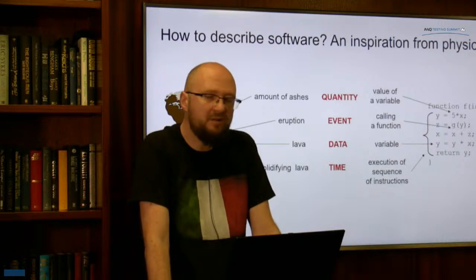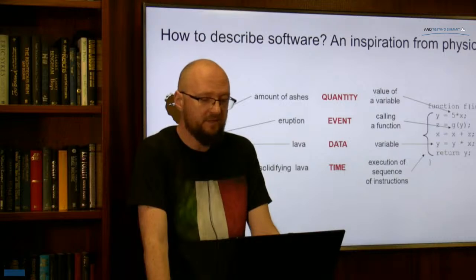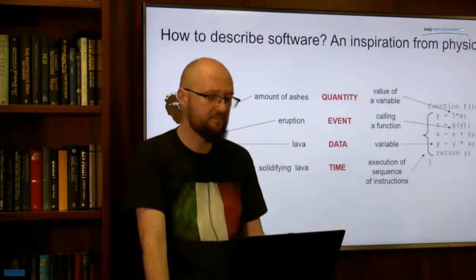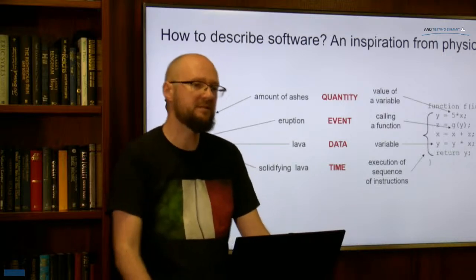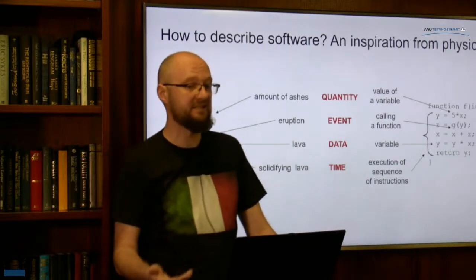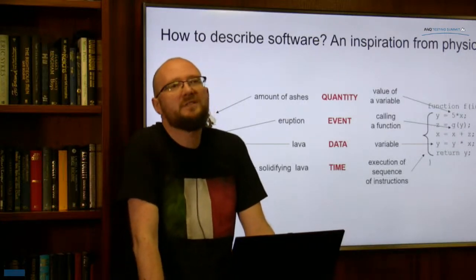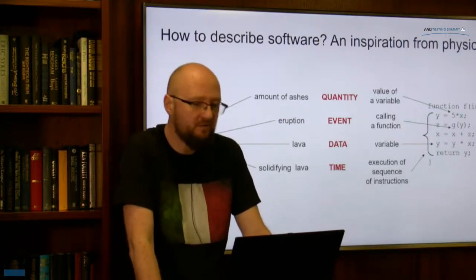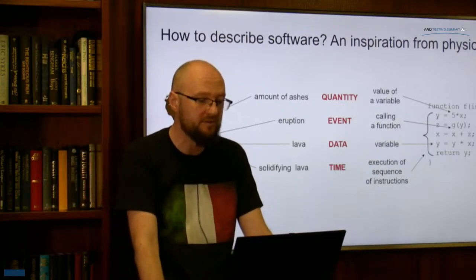Physics has only several concepts that describe the world around us. So, for example, when we want to describe this volcano, this process, we can describe it with several characteristics. And here we can define the following four characteristics or dimensions of the reality, which can then be transferred to the software world.